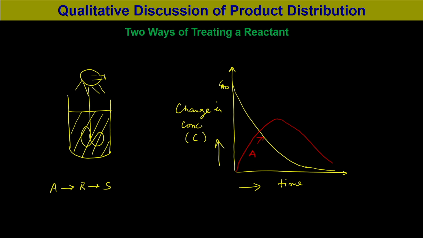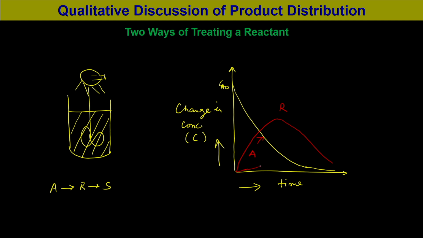So, this is the profile for R, and as the initial concentration of R was low, the formation of S was also low.